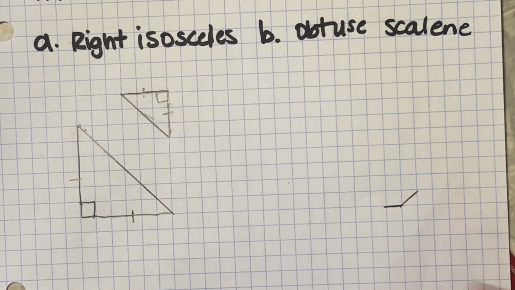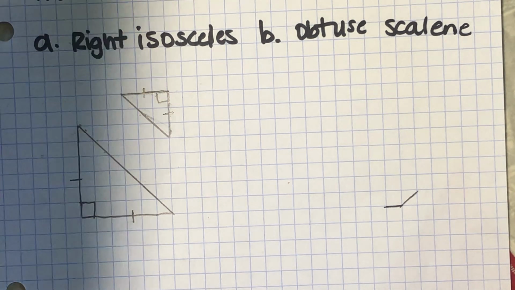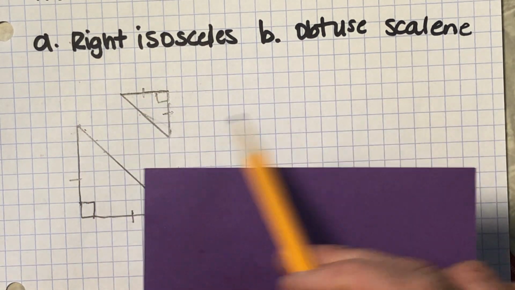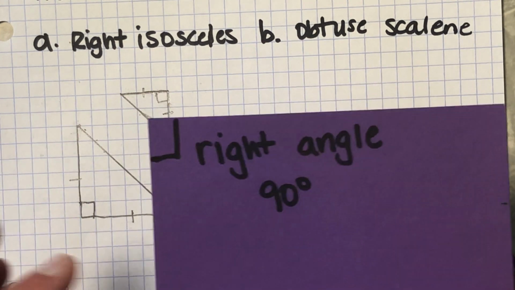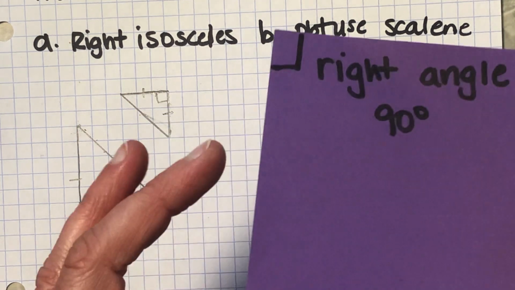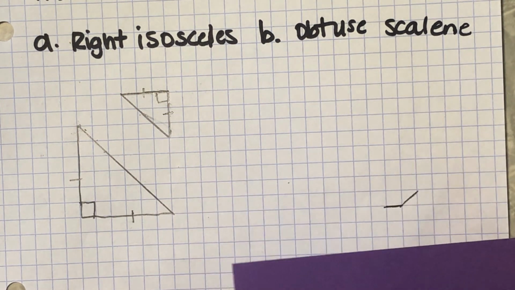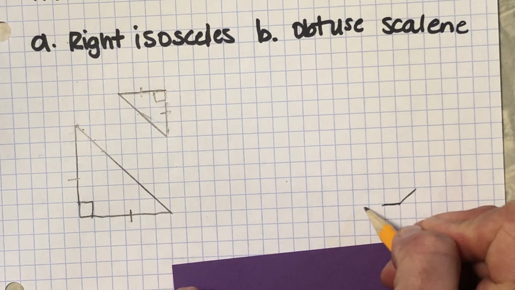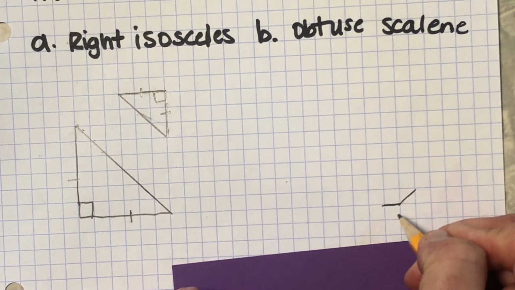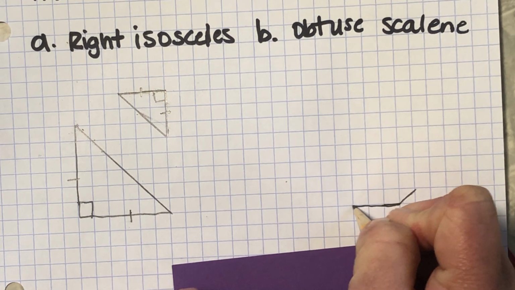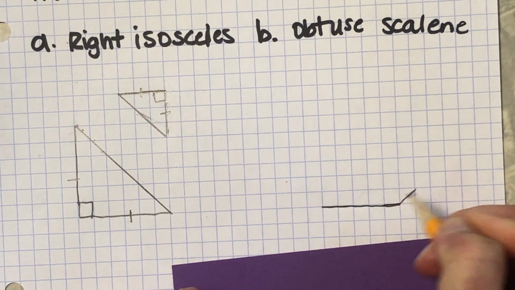So I am looking to make my side lengths different. I think what I'm going to do is use the edge of my right angle measuring tool again. This is such a great tool to have. It's just a piece of paper. Index card works. I'm just going to count out how many units I want to be on the bottom. I think I'll say 5. 1, 2, 3, 4, 5.